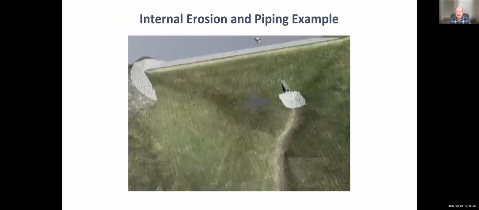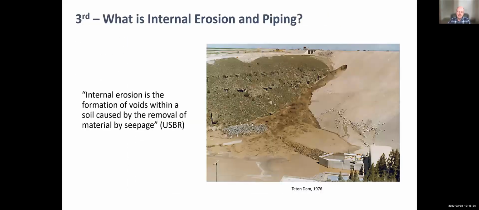Maybe I'll just go back to this picture of Teton Dam, because what you're seeing here is internal erosion. There's a pipe that's been forming through this dam. And it's a large dam, right? Much larger than probably most of us here today deal with. And the key thing is, once it gets to a stage like this, you've lost your dam.